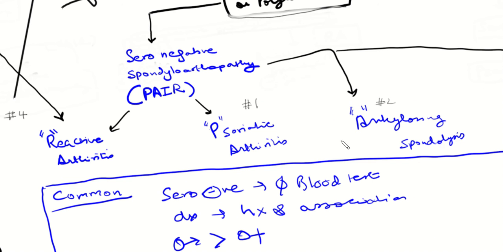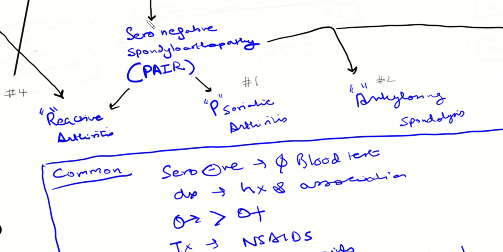However, you have 4 that are seronegative. So in other words, there is no blood test for them. Okay, and they're called seronegative. It's in the name, spondyloarthropathy, diseases of the joints that are seronegative.